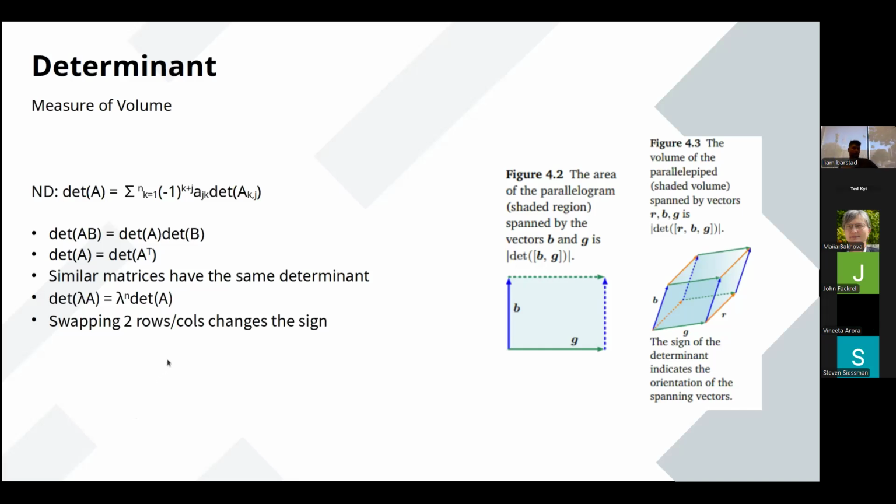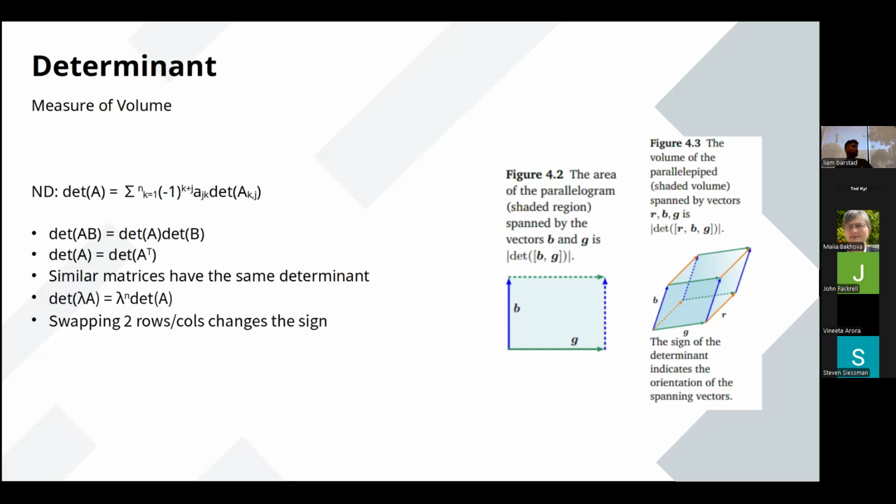Basically, how I see the determinant is a measure of volume defined by the individual vectors in a matrix. And by that definition, it should follow that the determinant is multiplicative.